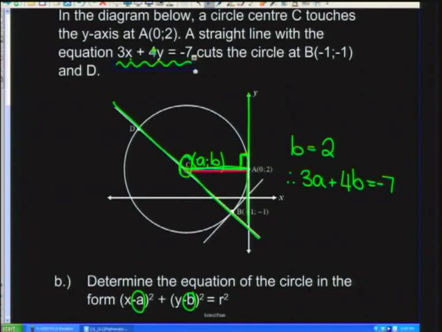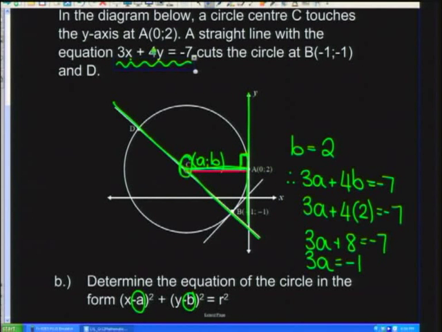And we already know what b is. So I've got 3a plus 4 times 2 equals negative 7. And that gives me 8, which if I move it over, 3a is going to land up giving us negative 15. And if we divide by 3, a is negative 5.